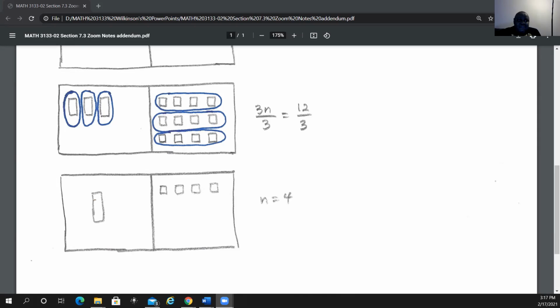So let's look at this. Let's say we want to sketch the tile model for each algebraic expression, like 2n minus 3 and negative 4n plus 5.